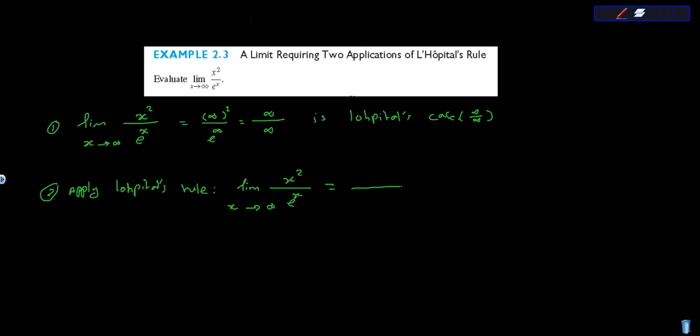The limit of x squared over e to the power x as x approaches infinity equals the derivative of the numerator, 2x, over e to the power x, because the derivative of e to the power x is the same. We can substitute now: 2 times infinity over e to the power infinity, which is infinity over infinity.